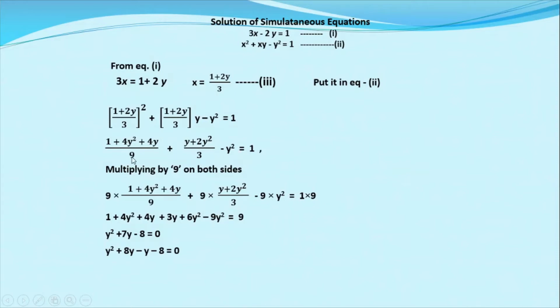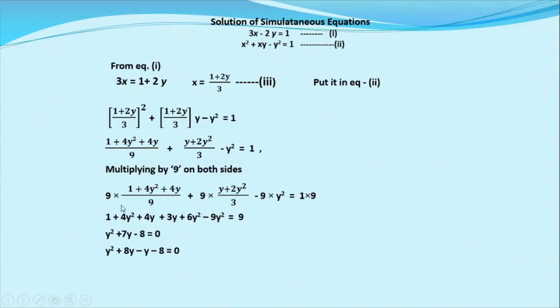Now we have to remove the denominator. This is 9. The LCM of this whole equation is 9, so we will multiply this 9 with the whole equation, with all the fractions, multiplying by 9 on both sides. Both sides means 9 into this fraction plus this fraction into 9 minus this y square into 9 is equal to 1 into 9.